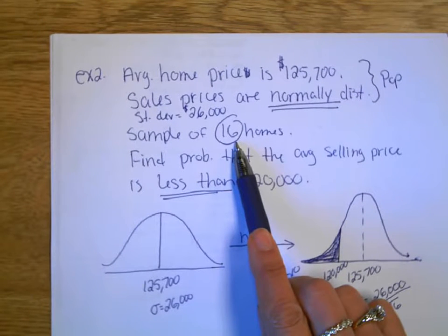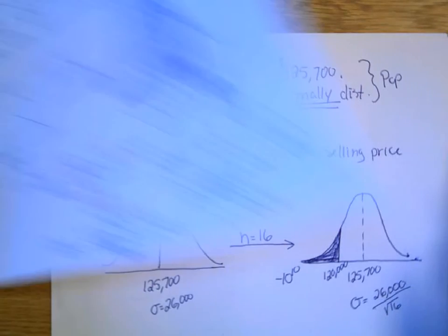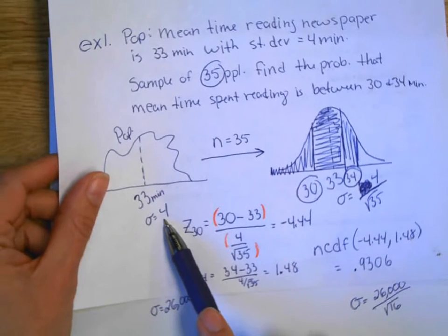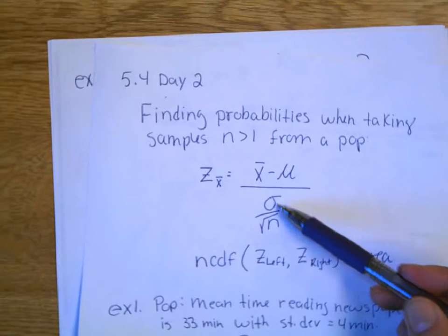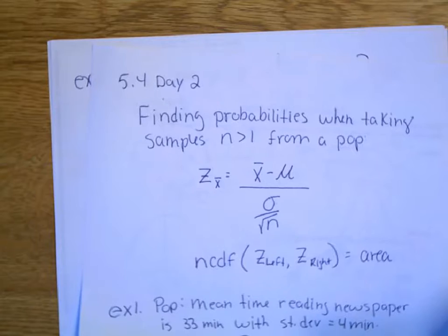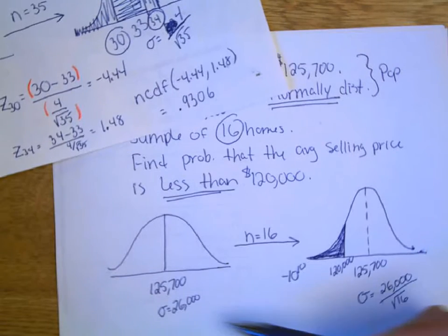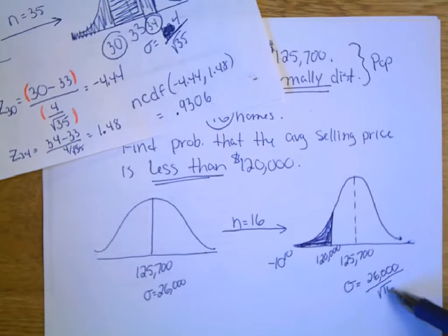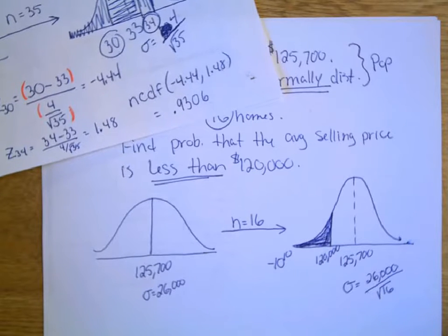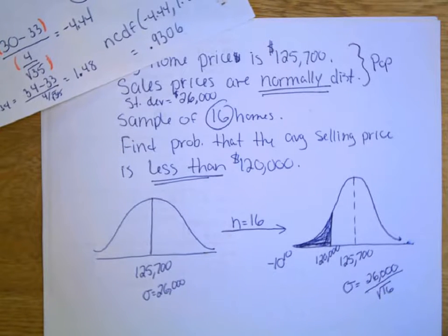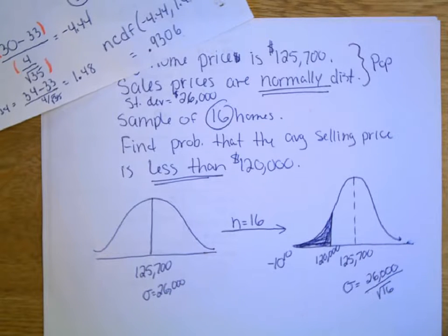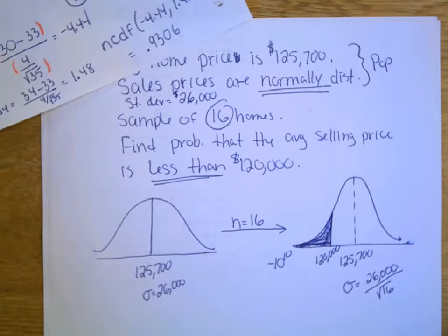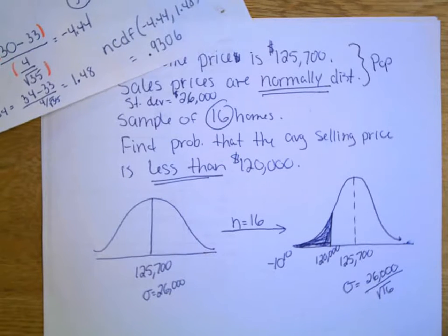Because that's the standard deviation and the sample size. The formula says standard deviation and sample size. It's the standard deviation divided by the square root of the sample size. Yep.